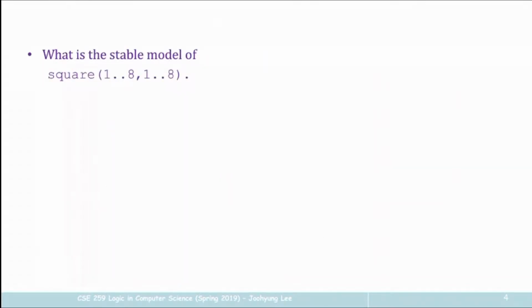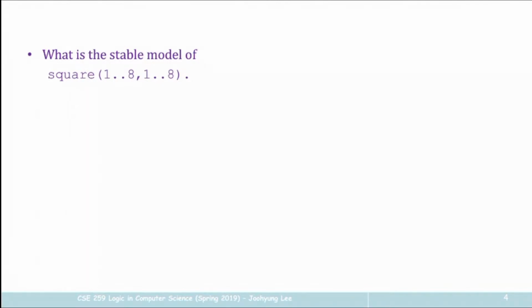So this is one question that we have. If you see this one, square of 1..8 and 1..8, what could be the stable model of this rule? How many elements are in the stable model?